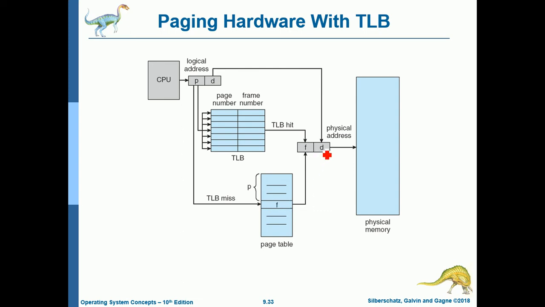Then for the physical address, you have to add the offset, combining the value, which is either from the TLB, if the value is already in the TLB, or from the page table, meaning the value is not yet in the TLB. This will be combined so that this will be the address in the physical memory.